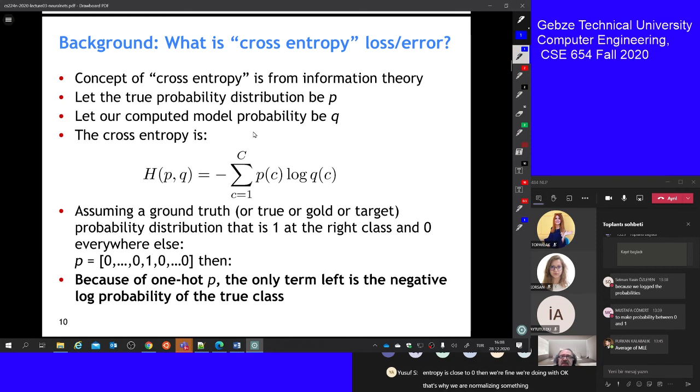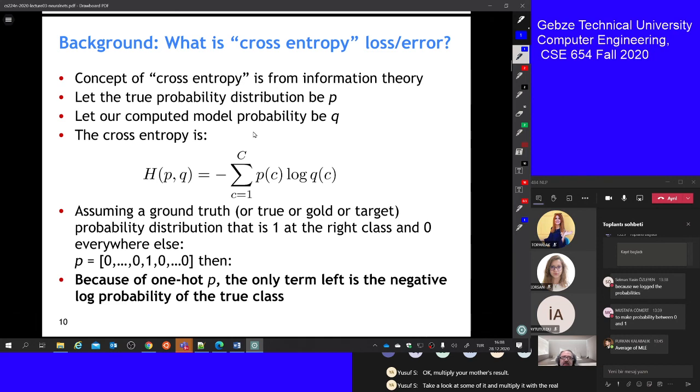Okay, this is what we say. We say that for all the classes, given an input x, multiply your model's result, take the logarithm of it, and multiply it with the real probability.